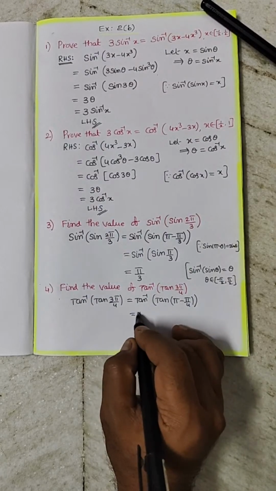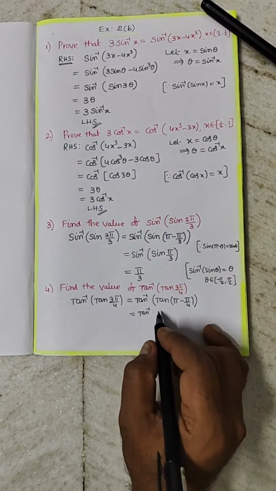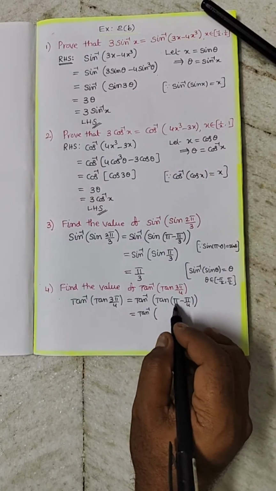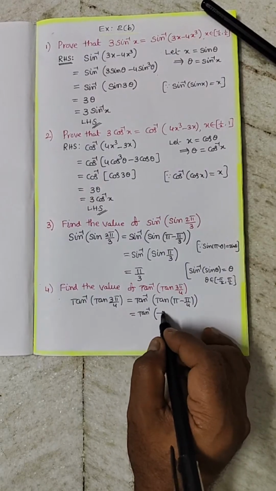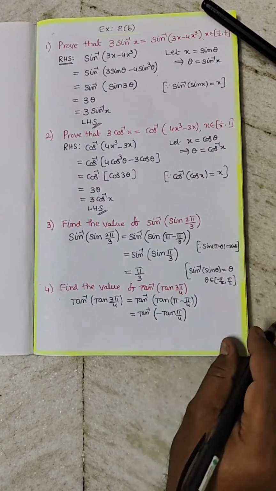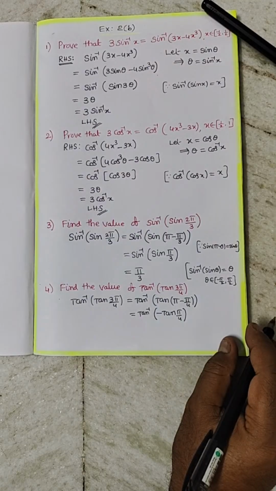So, this is equal to tan inverse of 4 pi minus pi, 3 pi only now. So, tan of pi minus theta is minus tan theta, which means minus tan pi by 4. Okay, dear students.